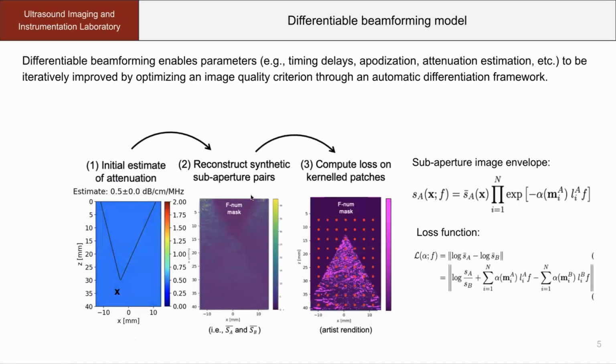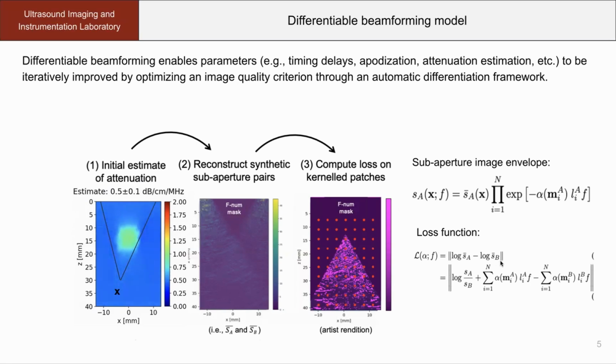Once we have reconstructed our synthetic subaperture pairs, we compute loss on kerneled patches represented by these red dots here. This is our loss function that we're looking at. So we're comparing subaperture pairs S_A and S_B, or more specifically, the logs of these subaperture image envelopes.